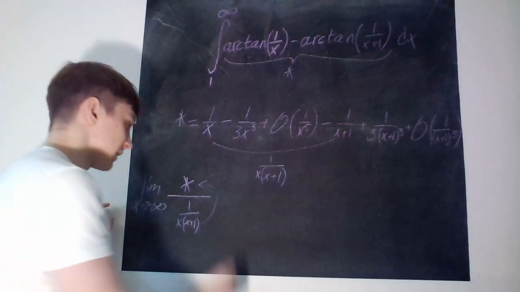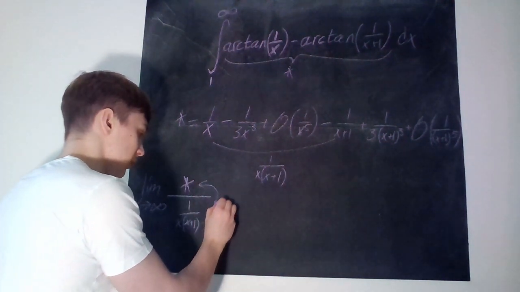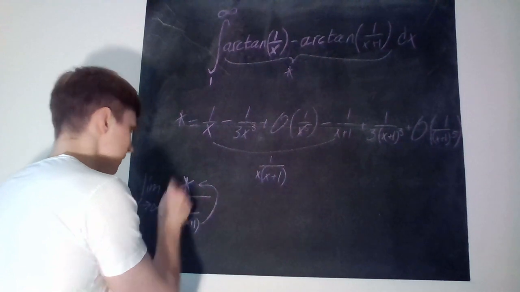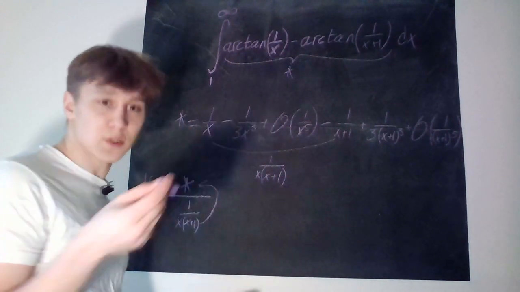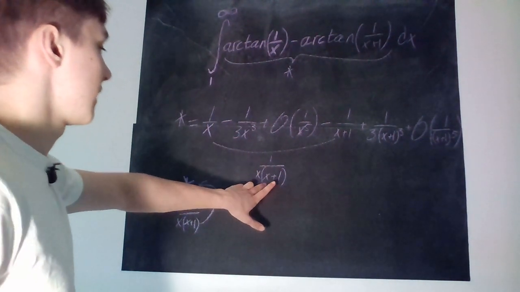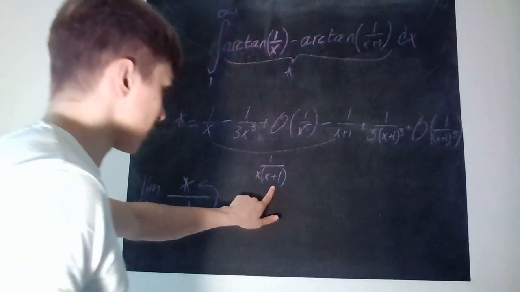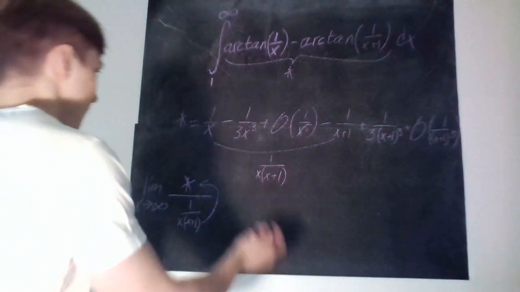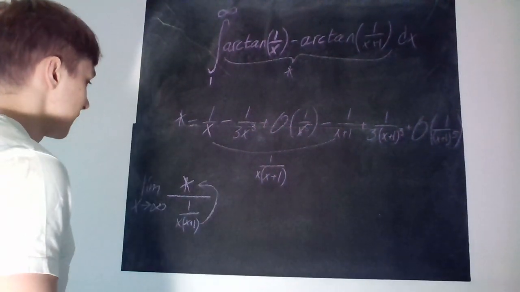If we can find this limit, then we know, due to the limit comparison test, that the star has the same convergence or divergence as this expression here. So if this one converges, then star also converges, and the opposite is true also.